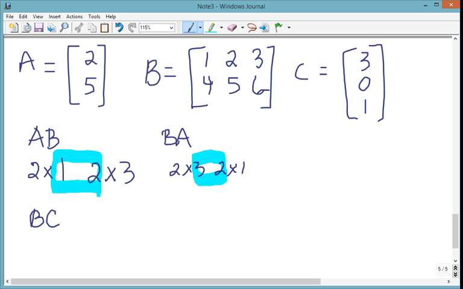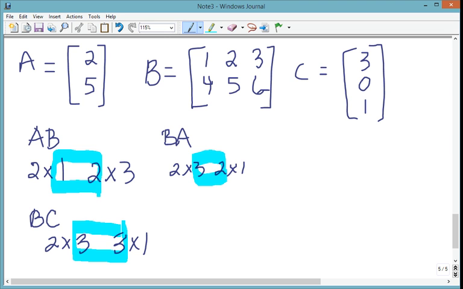So B is a 2 by 3 and C is a 3 by 1. So do you see that, yes, I can multiply B and C together. Could I do C times B? Well, that would be a 3 by 1 times a 2 by 3, and so the inside ones wouldn't match, so I couldn't. All right, so we can do B times C.